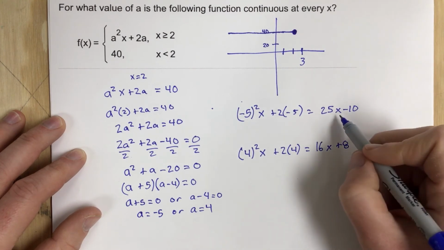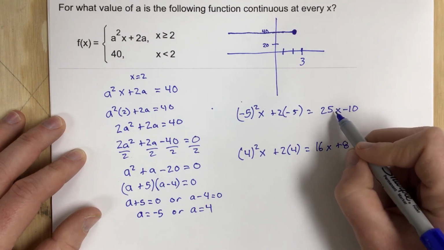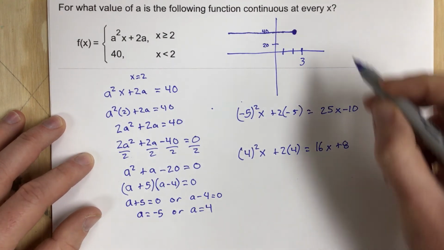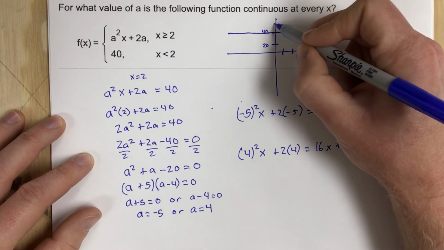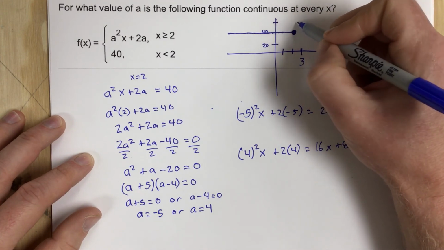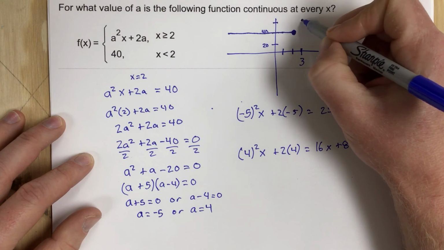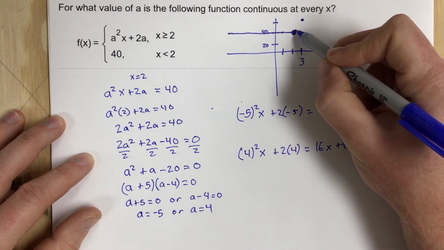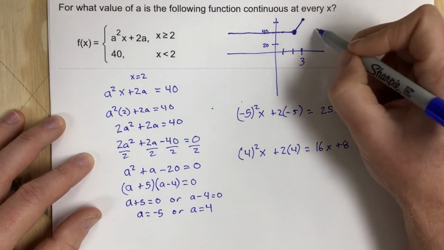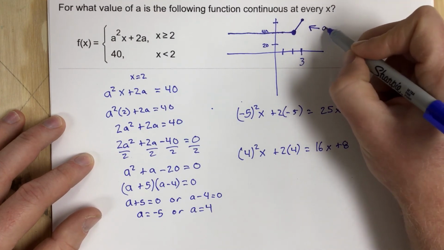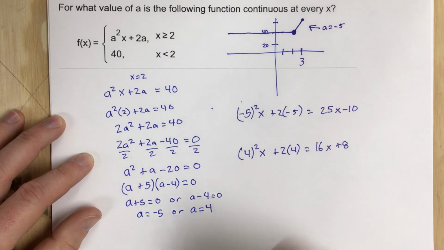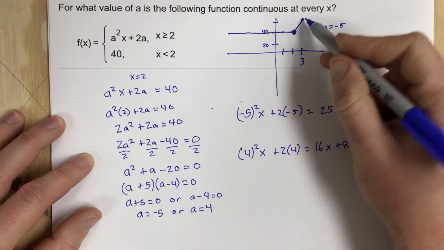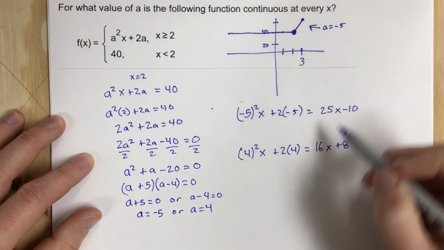But at the 3 spot, this is going to give you 75 minus 10, which is 65. So we can go up another 20, and that would be about right here, 65. We're going to call this the a equaling negative 5 line. And you can see that's going to continue going this direction forever because it's linear.